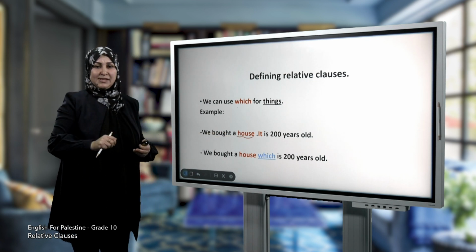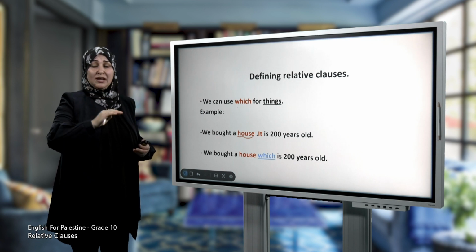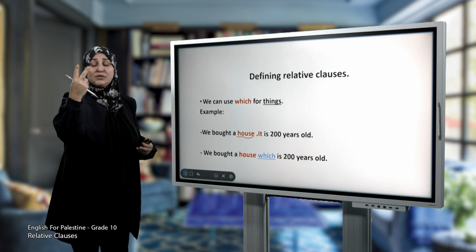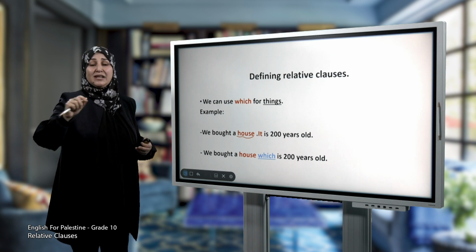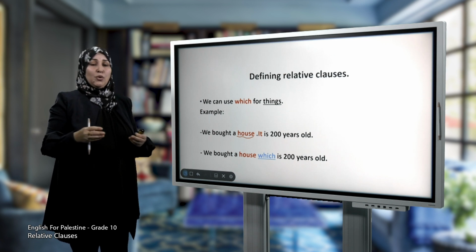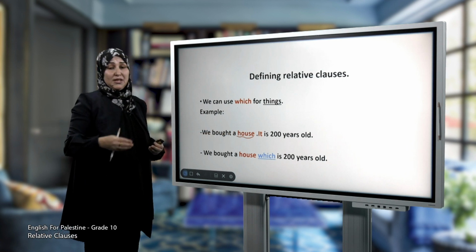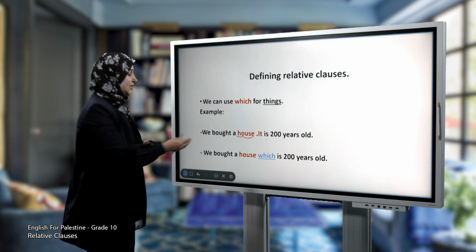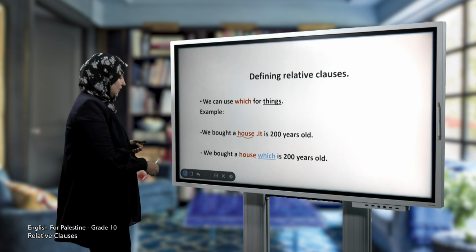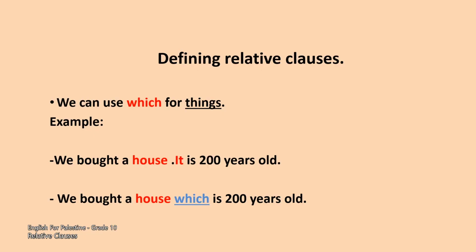So we can join these two sentences using a relative pronoun. Which one? Here we are talking about a thing, so we can use which. We bought a house which is 200 years old.